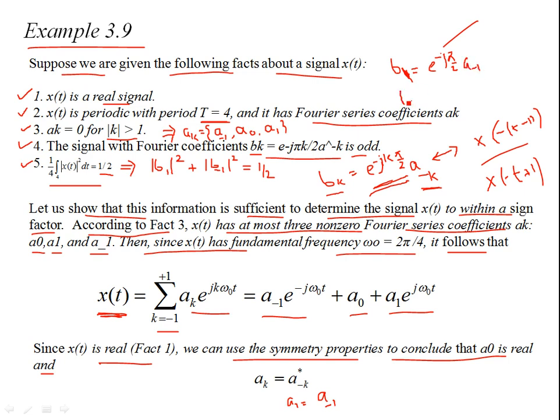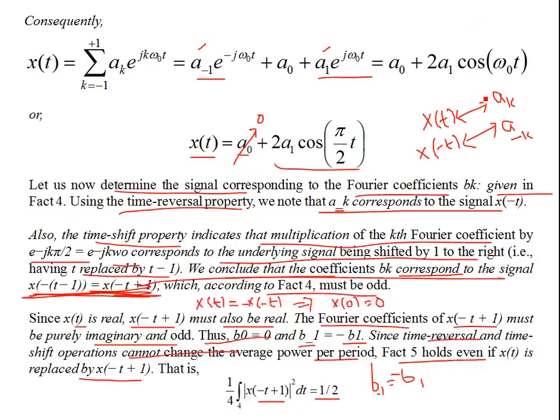So you can directly evaluate a1 and a minus 1, because e to the j pi by 2 is j, and b1 can be plus or minus j by 2, with b minus 1 taking the other sign. So you can go ahead and evaluate a1 and a minus 1 from that, and then substitute over here.